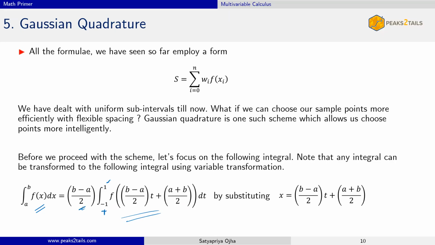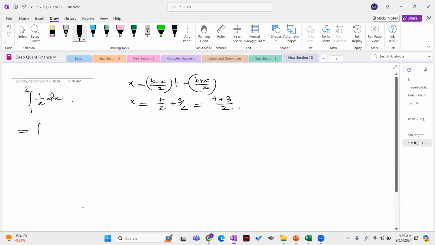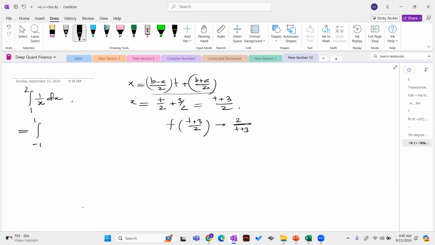So when we do this transformation, it will become the integral from -1 to +1, and we have f of t plus 3 by 2 inside. Correct? That's the transformation. But what is f of t plus 3 by 2? f of x is 1 by x. So f of t plus 3 by 2 is 2 by t plus 3. Correct? So my new integral after the transformation is this.